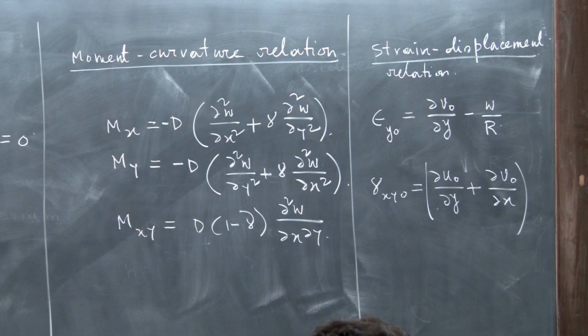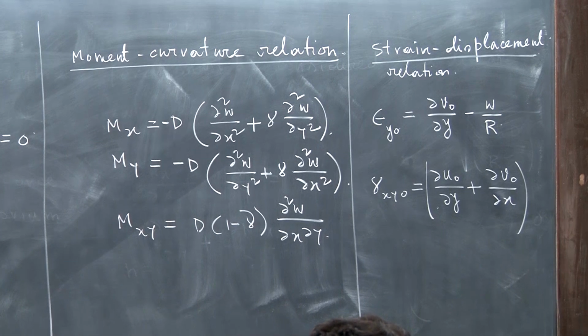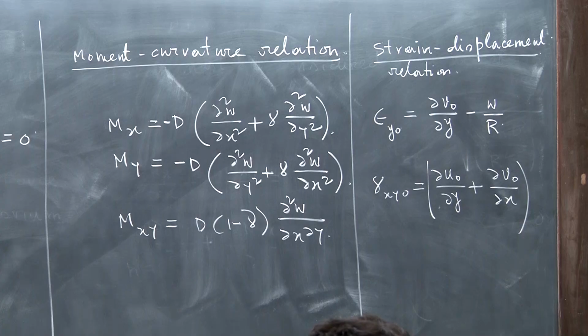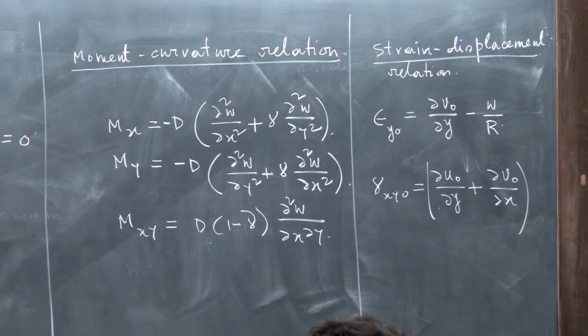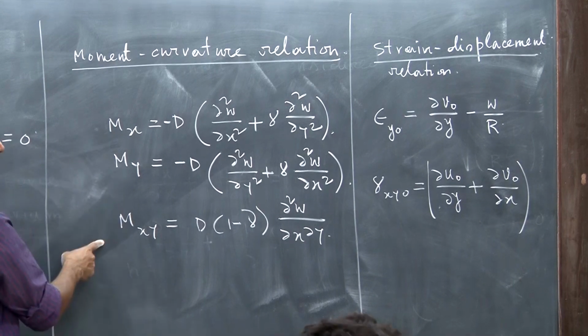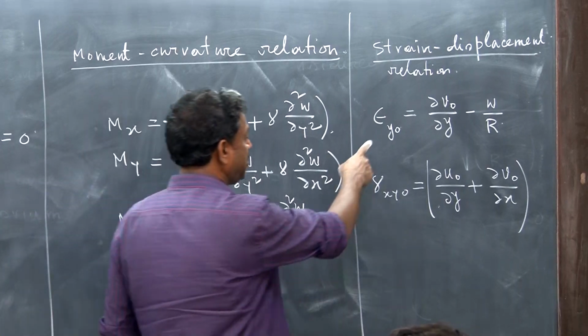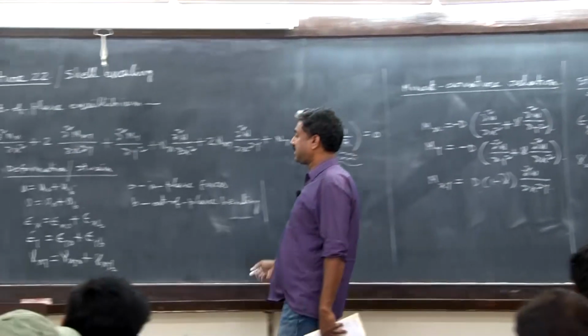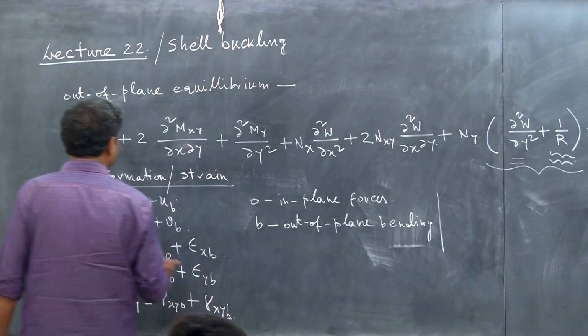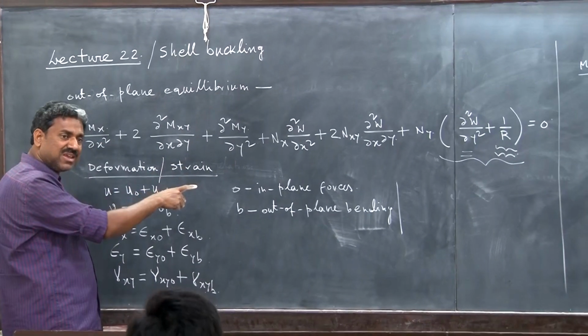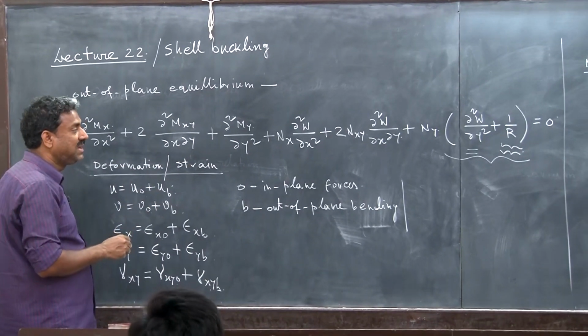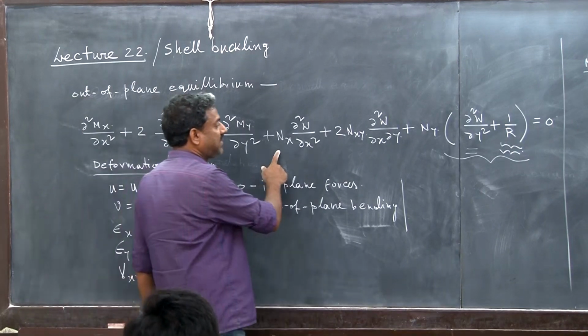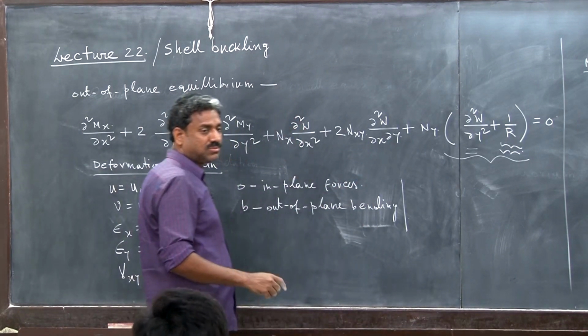So essentially what we are going to do, I will now write down the expression for Nx, Ny and Nxy, okay. So you have obtained the expression for the bending moment, you have obtained the strain expressed in terms of displacement components, and we have the equilibrium equation, right. So the thing that is remaining is Nx, Ny and Nxy in terms of in-plane forces.